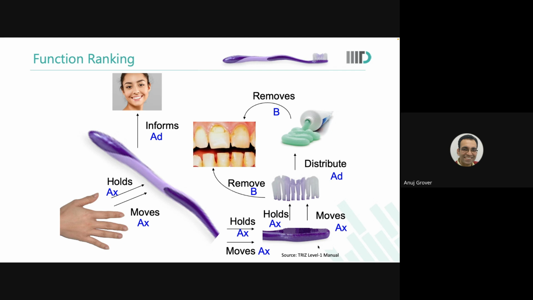Since it's a super system component, it's a super system function. Okay. And then the remaining functions, because they are the system components only, from the head to the bristles, all those are auxiliary functions. Water will be additional. Distributes water will also be an additional function.